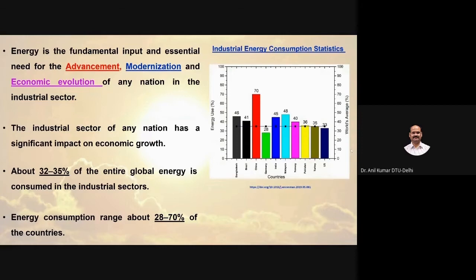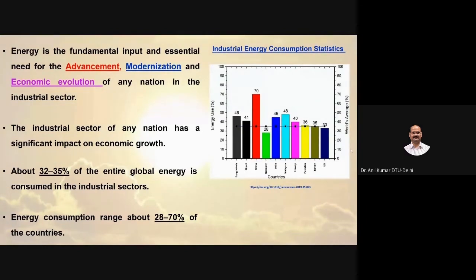For the advancement, modernization, and economic development of any nation, we need more and more share of industrial energy use. This figure gives us some idea regarding ten developing and developed countries.